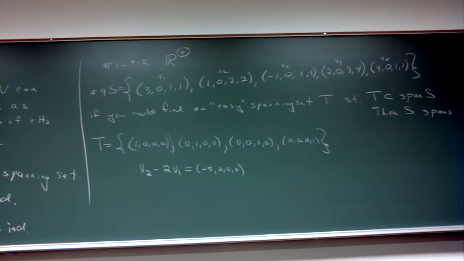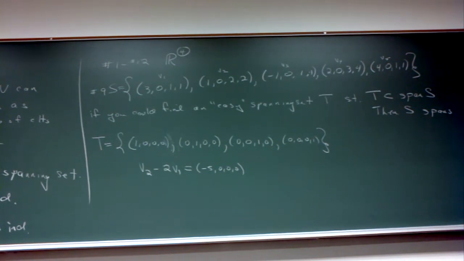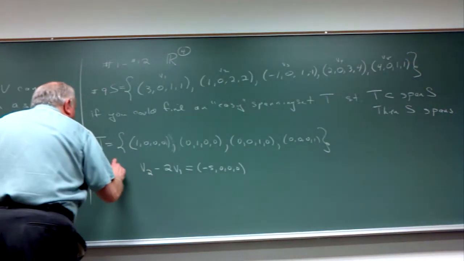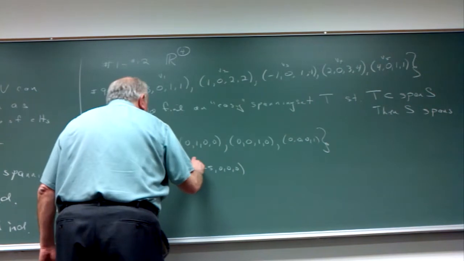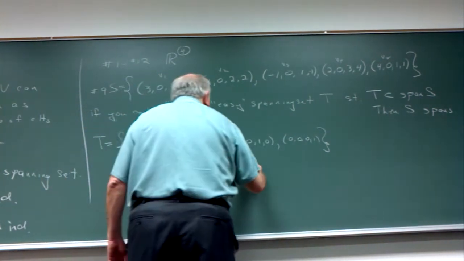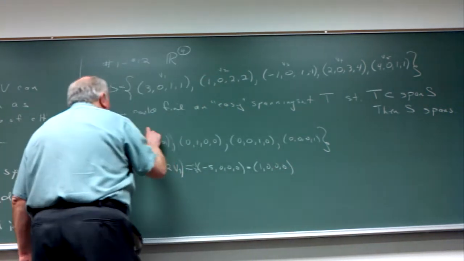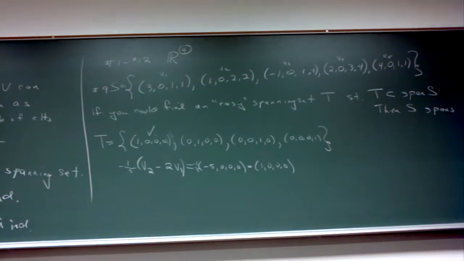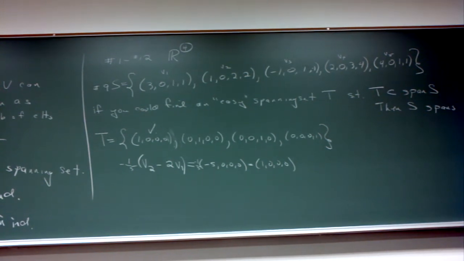So -5, 0, 0, 0 is in the span of S, right? But if it is, so is when you multiply this by -1/5, that's -1/5 of this. That's 1, 0, 0, 0. So that one's in the span. Everyone agree that 1, 0, 0, 0 is in the span of S?